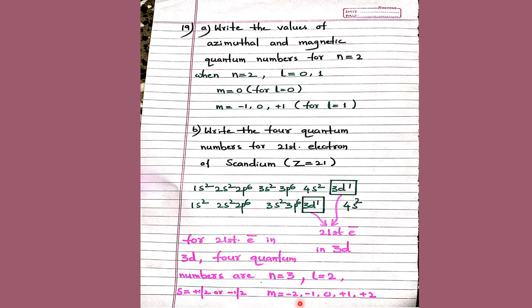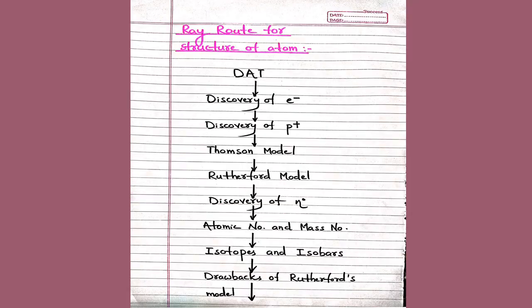Only one electron is there, either spin up or spin down. So n equal to 3, l equal to 2, m one of the 5 orientations. One is occupied and the remaining 4 are empty. Then the spin is up or down. So this is the route we have studied. Please go through it.